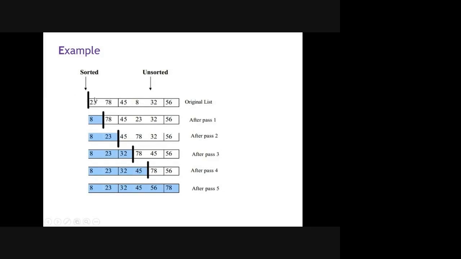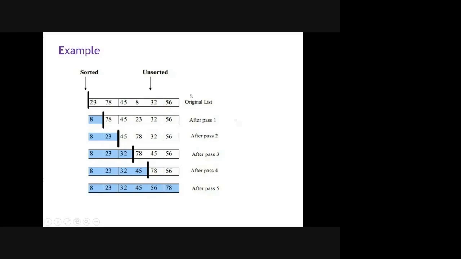Now, initially the minimum element has to be taken out, right? So normally when you start with the array, you will assume the first element as the minimum element. Then you have to compare this element with each and every element to find out what the minimum element in the array is. So I think you know how to find the minimum element.